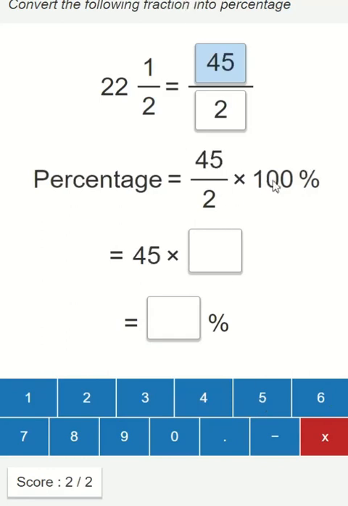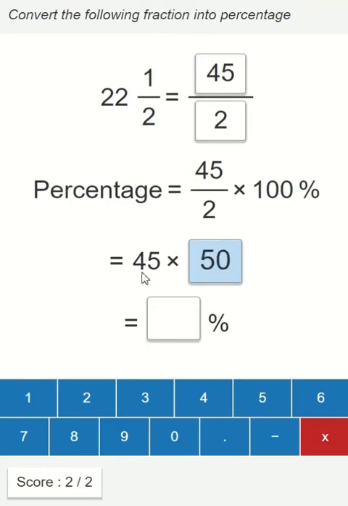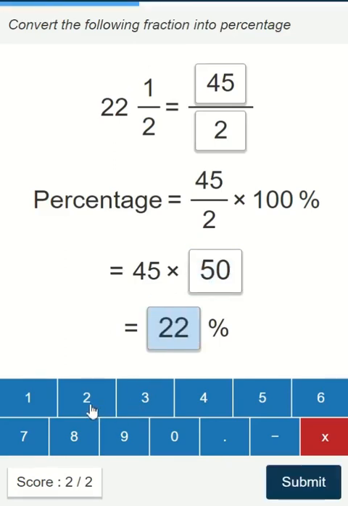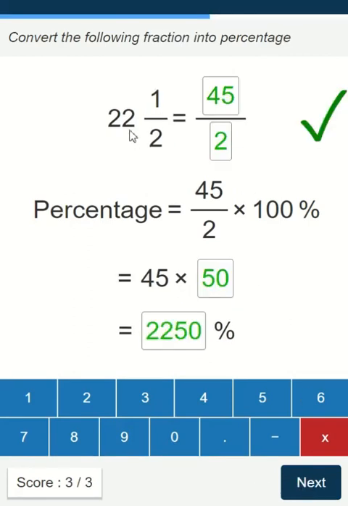Let us multiply by 100. So if we divide 100 by 2, we get 50. So 45 into 50 is... If the fraction is above 1, then the percentage will be above 100. So 22 will become 2200 and 1 by 2 will become 50.